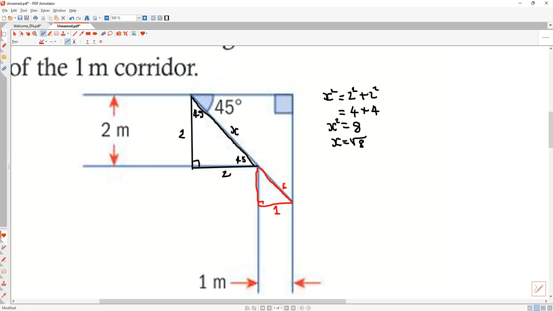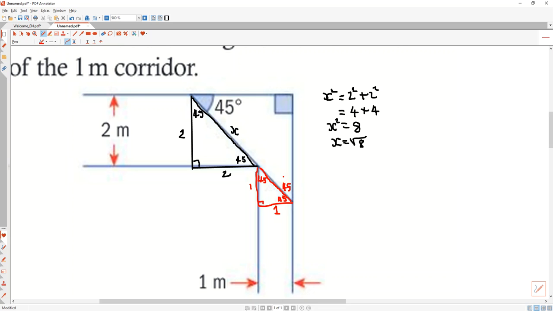Angles in a triangle have to add up to? Excuse me? 180. Sorry, I thought you said something else. Okay. So this is 45. This is quite small. And this one is 45. Okay.